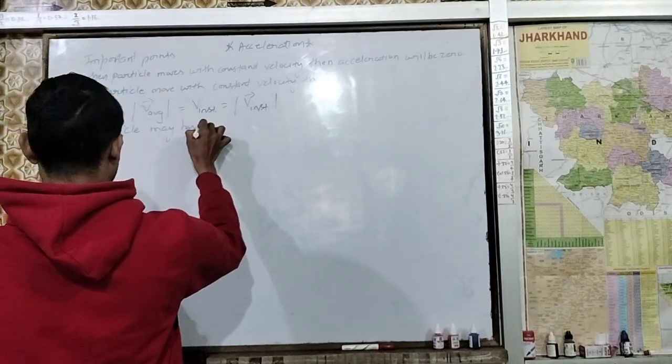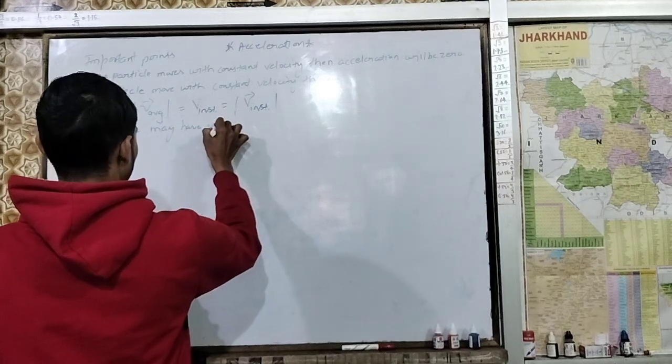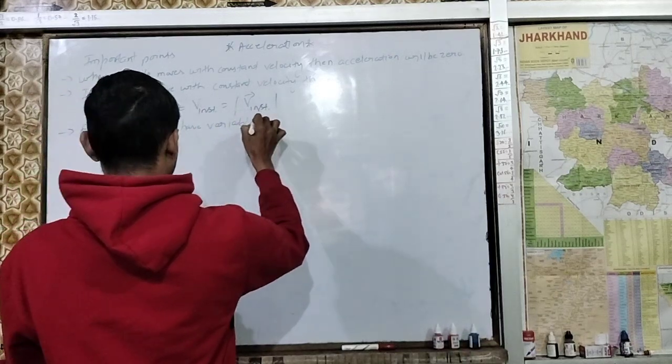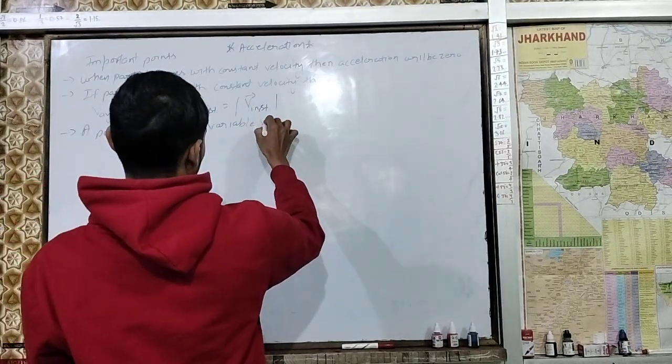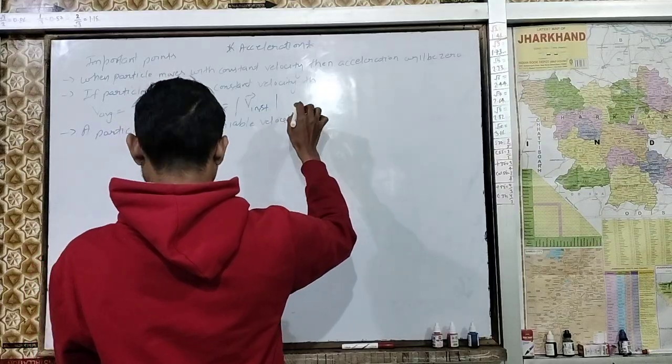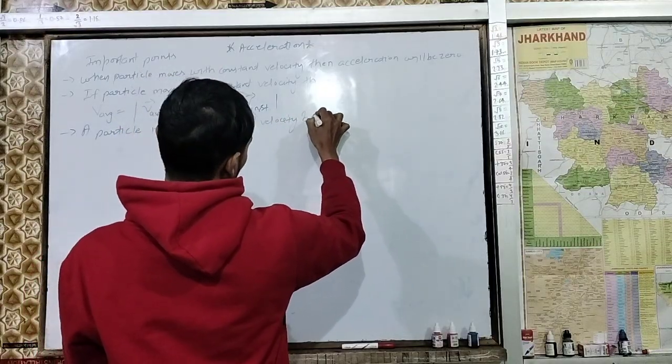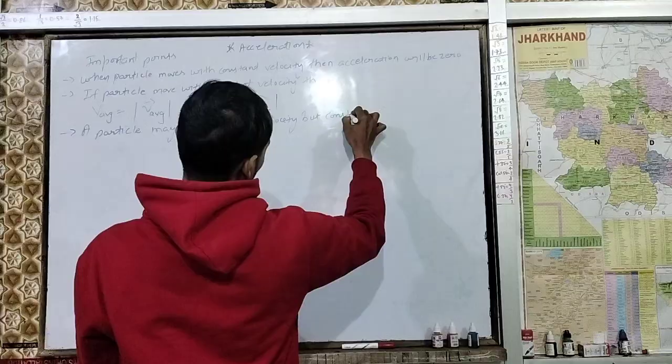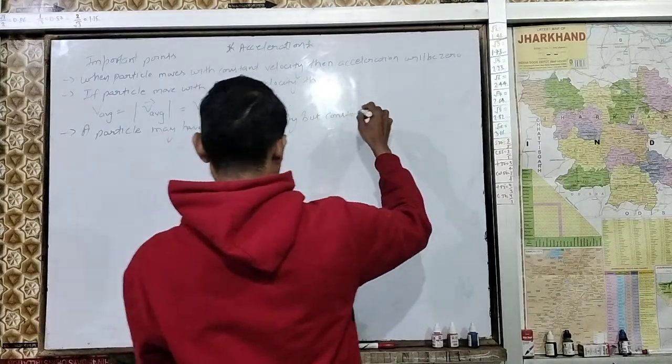Now next point. A particle may have variable velocity but constant speed.